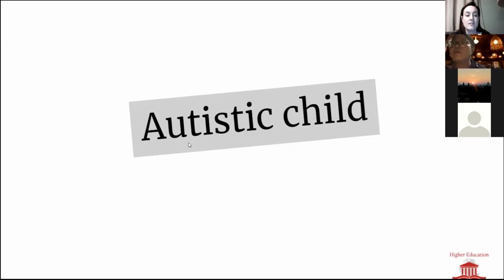Child with autism, probably child with autism. Or maybe child on the autism spectrum. Sometimes you say a child on the autistic spectrum or autism spectrum, or a child with autism, good.